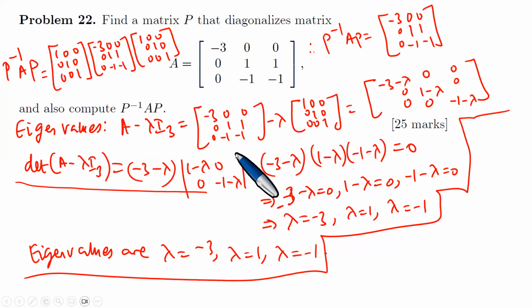There's a small error in the calculation. You need to check it carefully.